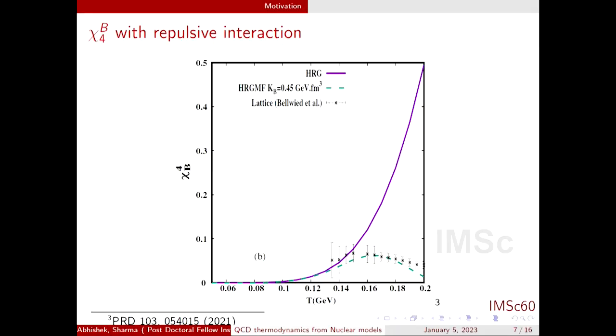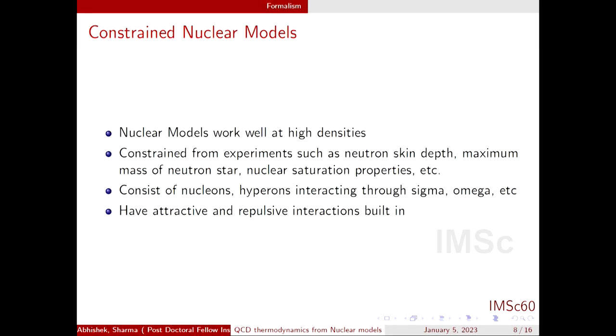So this comparison of HRG and lattice tells us that the repulsive interactions are important in any hadronic models, but are not present in the original HRG. Now we come to nuclear models. These Lagrangians are written keeping in mind the physics of high density, and the degrees of freedom are much fewer compared to the HRG type models.